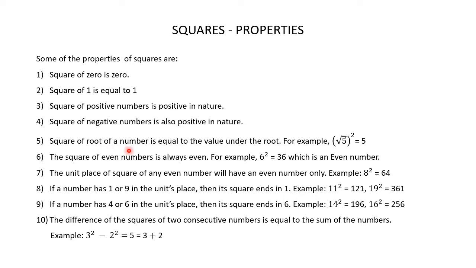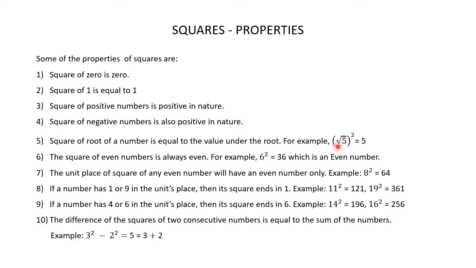Square of root of a number is equal to the value under the root. For example, square of root 5 is 5. That is, root 5 the whole square is 5. The number under the root sign is 5.